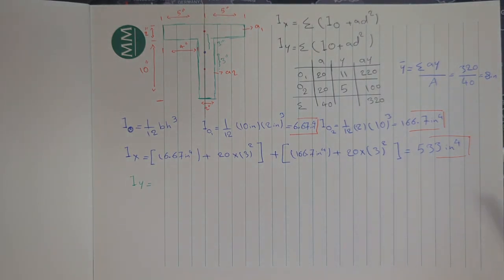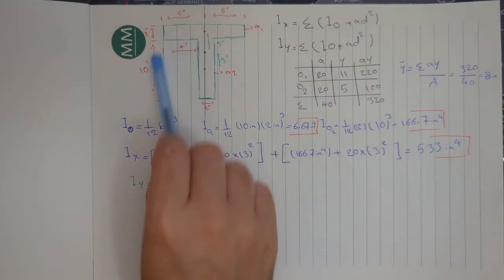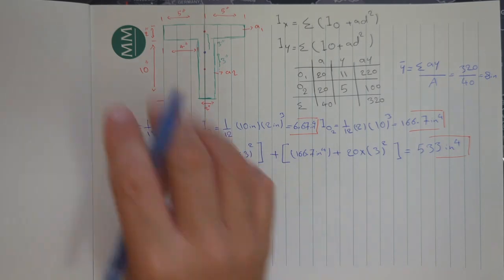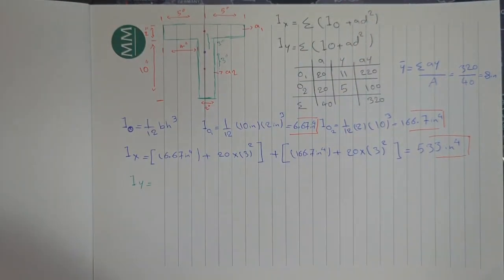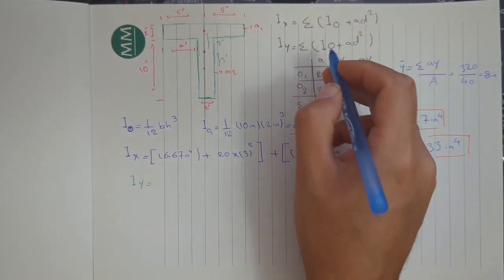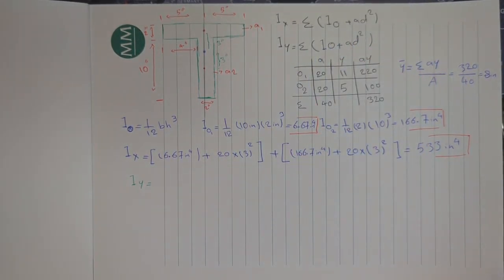So the thing is, because this shape is symmetric in the y-axis, we don't need AD². We just need the sum of Iy's. So how much is the sum of Iy's?